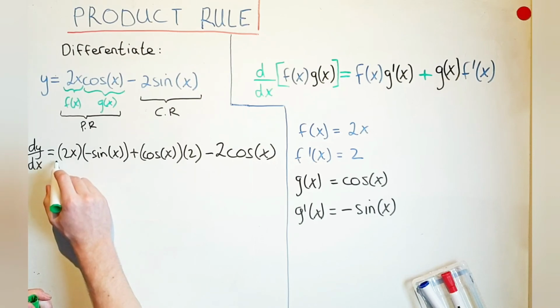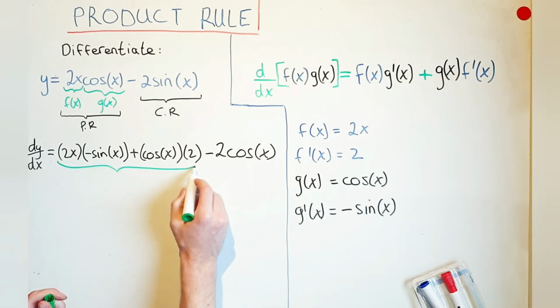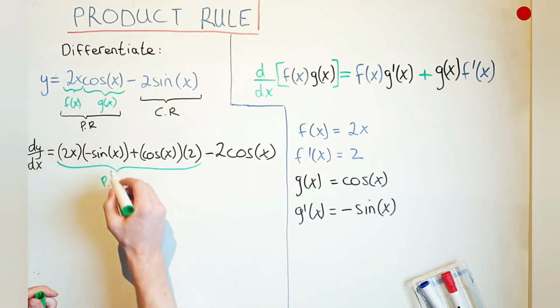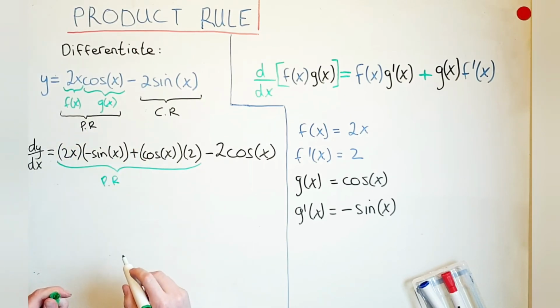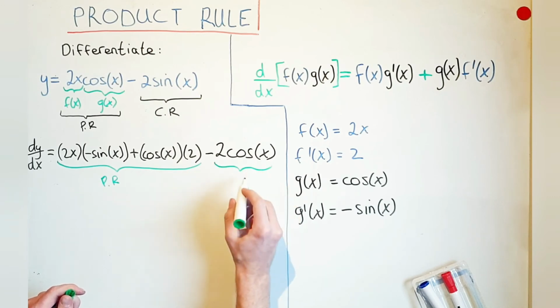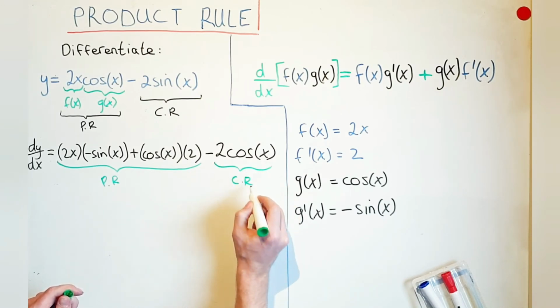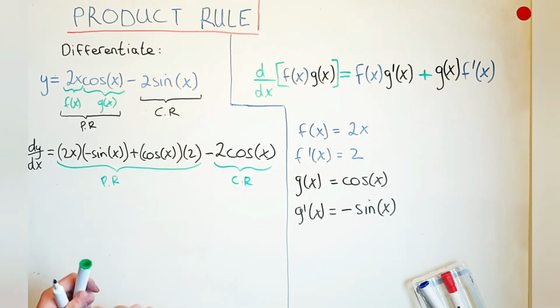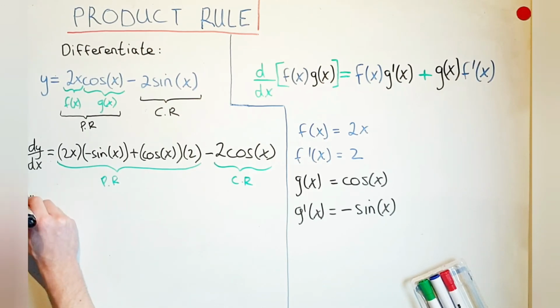Just in case it's a little bit confusing, this part here was the product rule, and then this is where we use the chain rule to differentiate the sine to go to cosine. So now it's a case of, as before, we're just going to tidy up this equation and then we're complete.